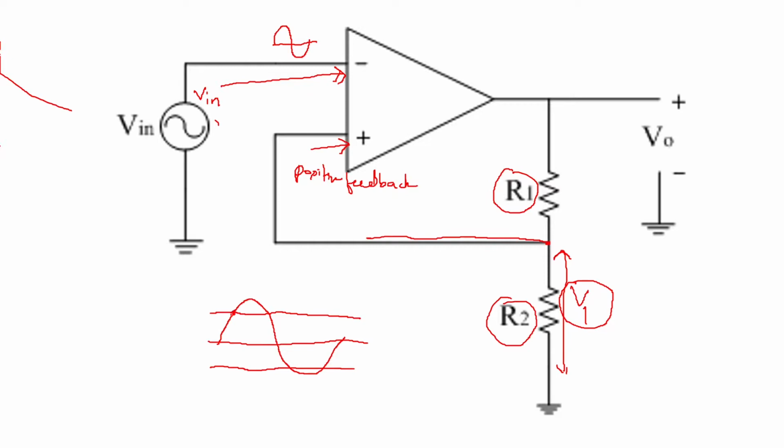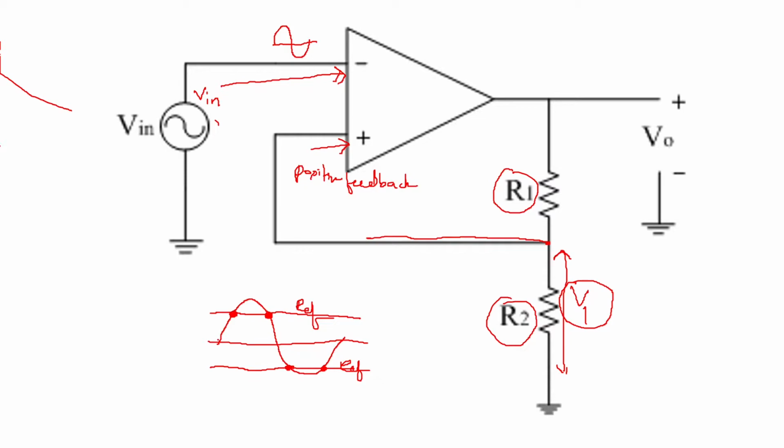The points where the input goes above the upper threshold voltage, and where the input goes below the lower threshold voltage, are the switching points. So this is a reference voltage, and this is also a reference voltage. Both sides you're going to have a reference voltage.